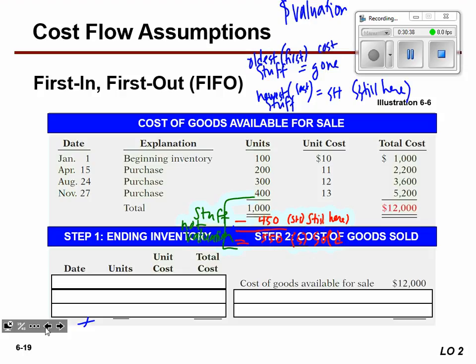Now we need to figure out the cost of the stuff S or sold and the cost of the stuff SH still here. So the top portion is stuff. The bottom portion is the dollar amount or the valuation assigned to it.